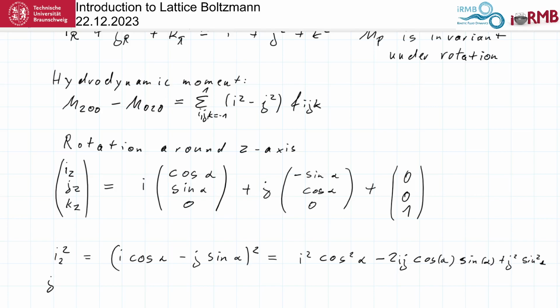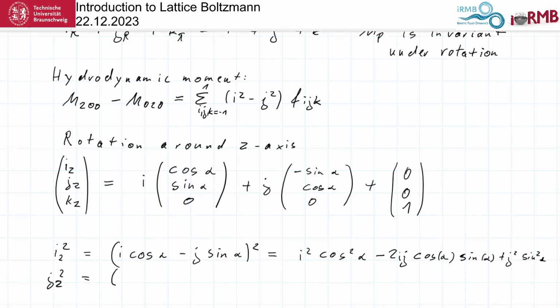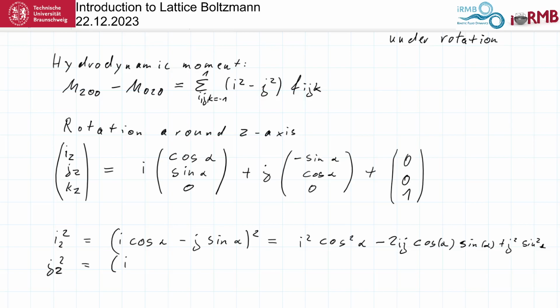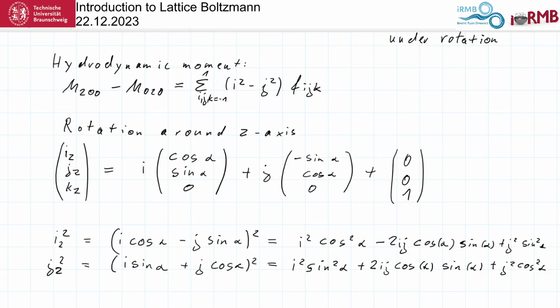And we also have jz squared. This is i sine alpha plus j cosine alpha, squared, and this gives us i squared sine squared alpha plus 2ij cosine alpha sine alpha plus j squared cosine squared alpha.